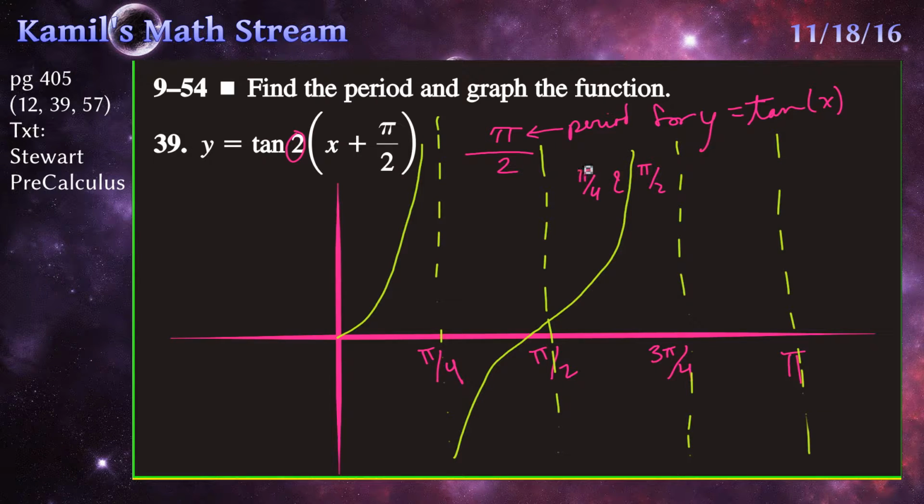Our asymptotes happen around these points, where the x value is any multiple of pi over 2, which is the period.